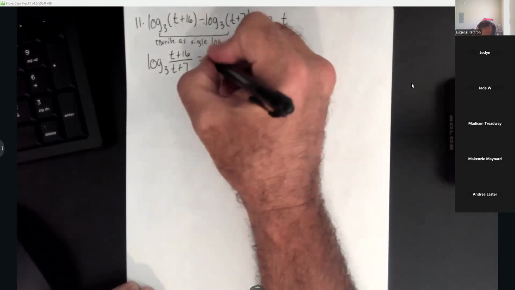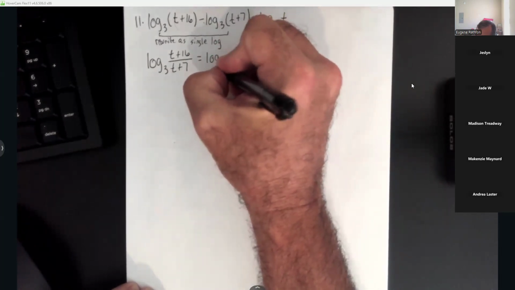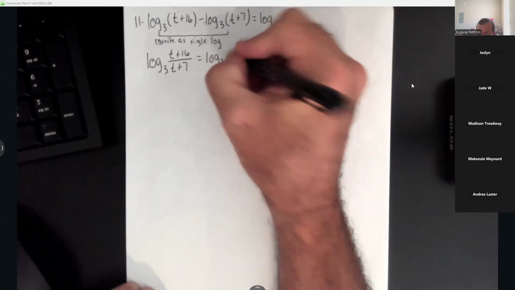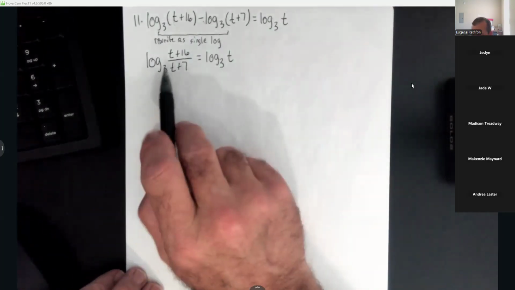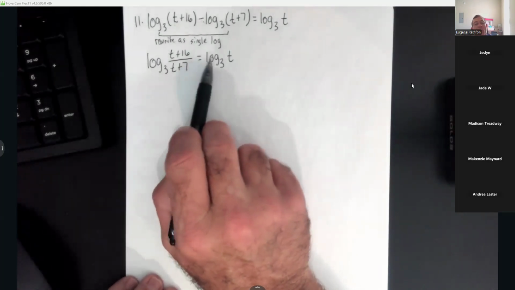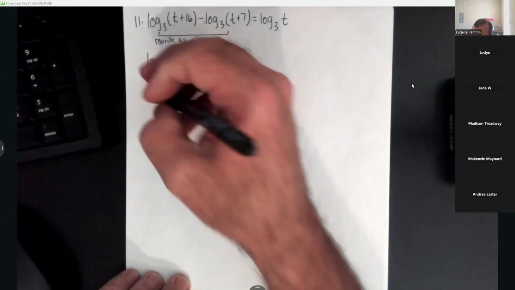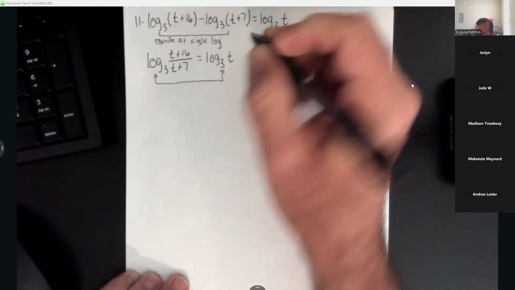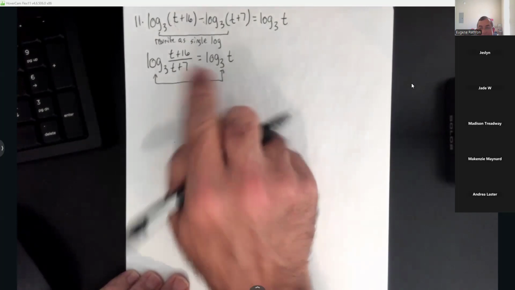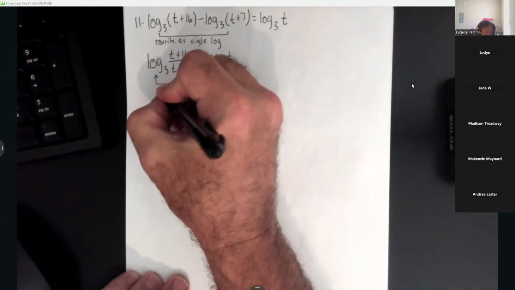And then that's going to equal this log base 3 of a t. So look at this. You got a log base 3 on this side equal to a log base 3 on that side. So at that point, I'm looking at this and saying, my log bases match on each side.